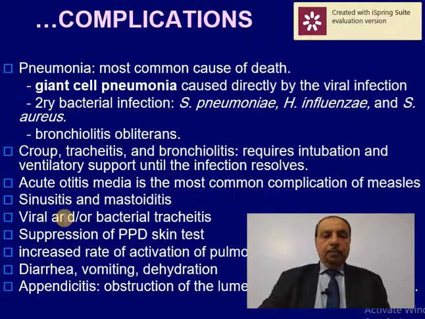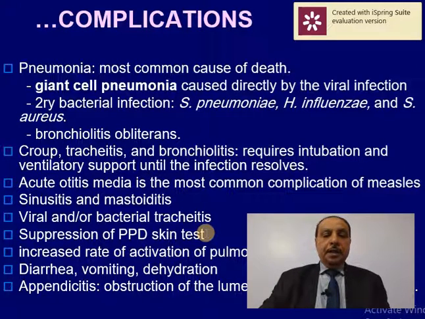We told about viral and bacterial tracheitis and how we manage it. Suppression of PPD skin test: there is some relation between measles and tuberculosis. So the purified protein derivative or tuberculin test of tuberculosis will be suppressed when the patient has measles. So don't check for tuberculosis except after the measles is cured.